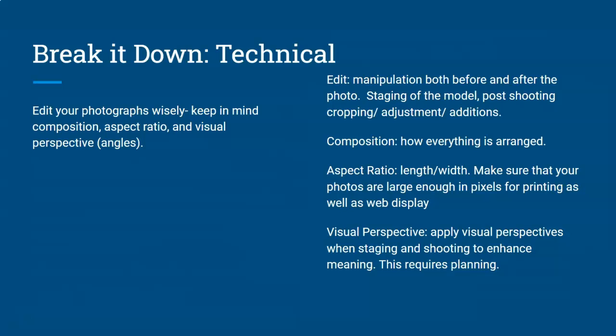So make sure that your photos are large enough in pixels for printing as well as web display. So you want to shoot big, lots of things, because you have more information to play with. And then your visual perspective, which is using visual perspective, 1 point, 2 point, etc., when staging and shooting to enhance meaning. This requires some planning and some experimenting.